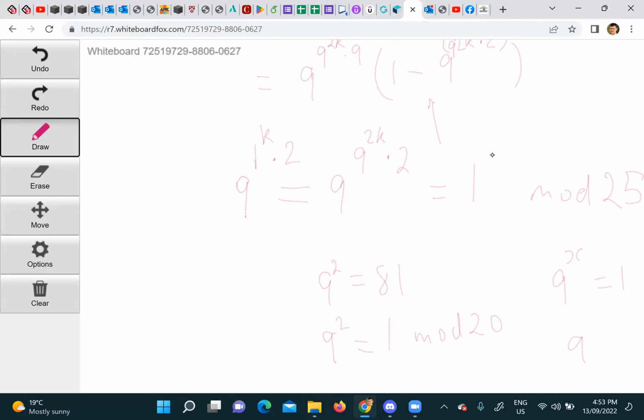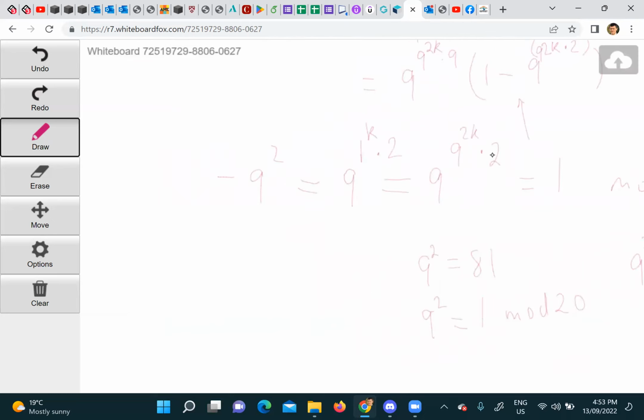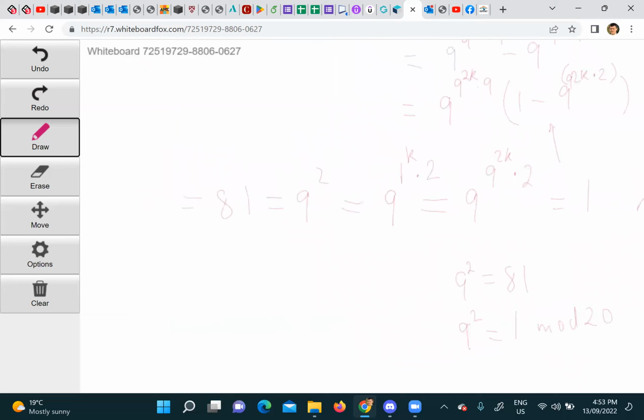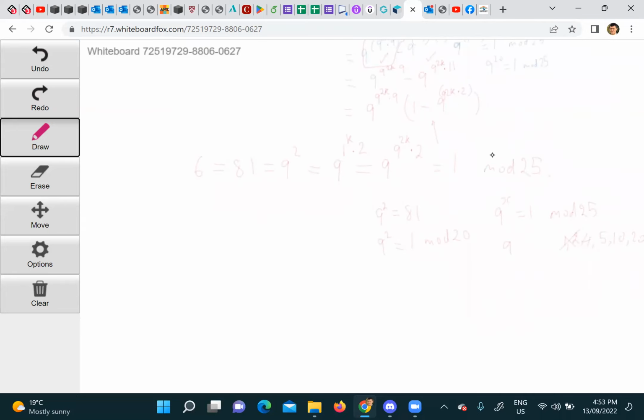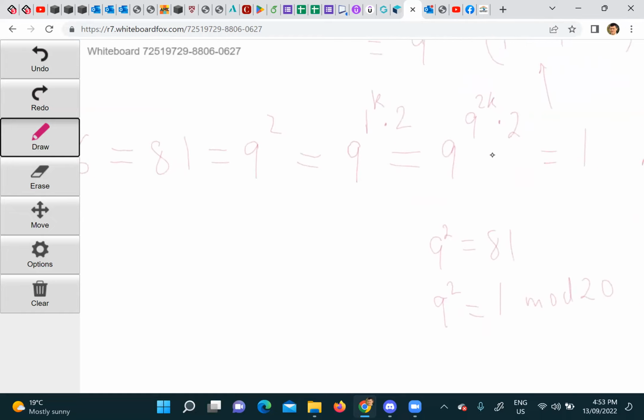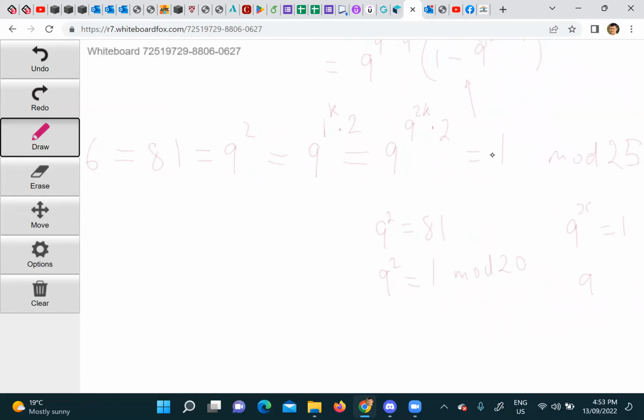And this is equal to 9 squared, which is equal to 81. So it's equal to 6 mod 25, yeah? Okay, and 6 is not equal to 1 mod 25, yeah?